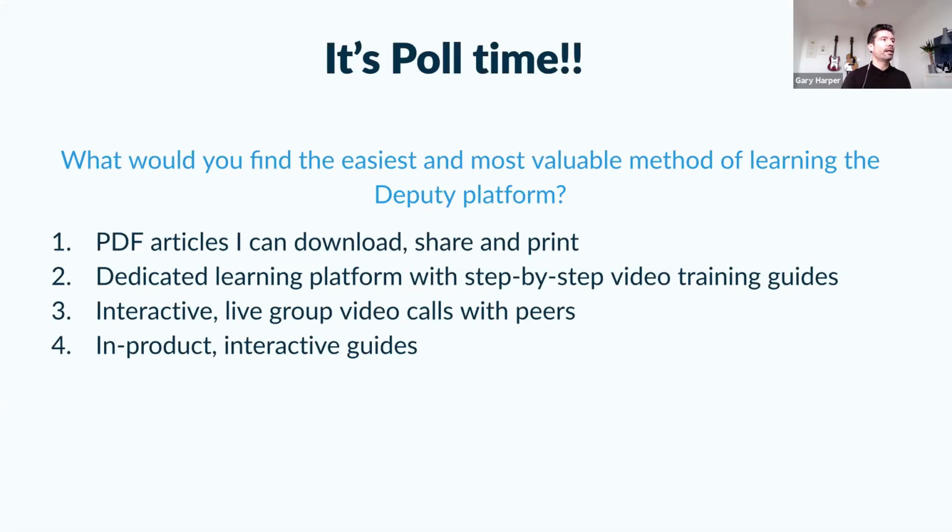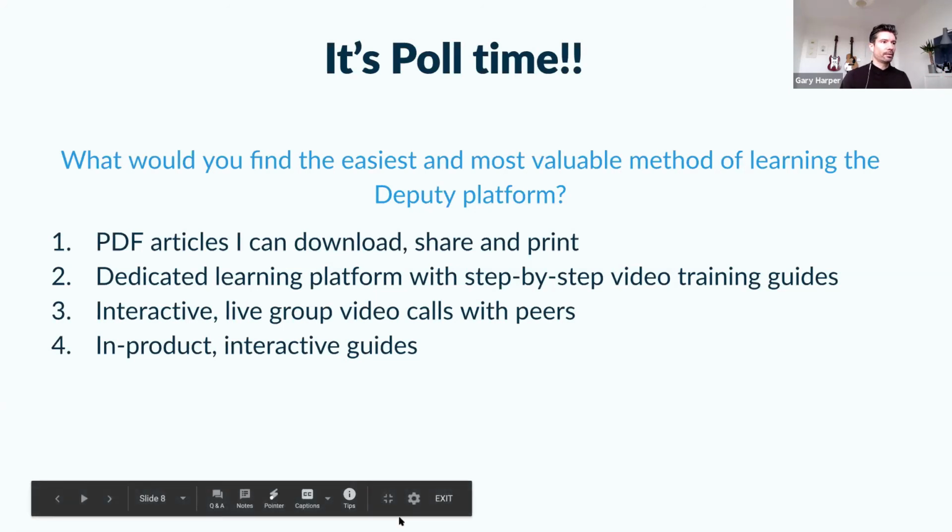And finally, an in-product selection of interactive guides. So as you are in the system, links and guides, video guides within the Deputy platform itself to guide you through. All right, so let me launch that poll now.